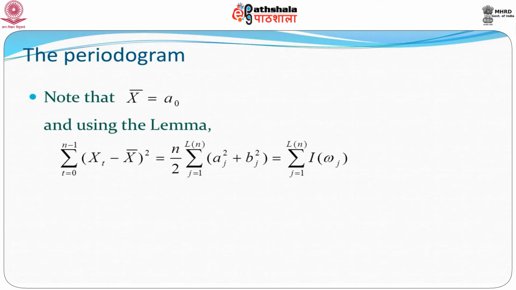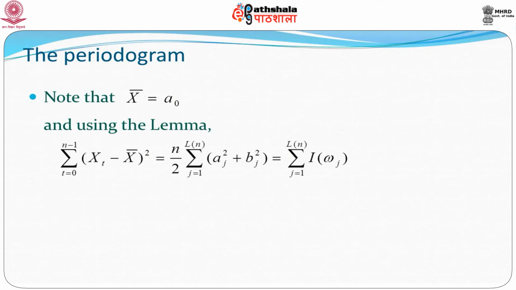Then using the lemma, we can show that the summation over t of (x_t minus x bar) squared, which is actually the total variability, the variance times the number of observations, so it is n times the variance, comes out to be equal to n/2 times the summation for j equal to 1 to [n/2] of a_j squared plus b_j squared.